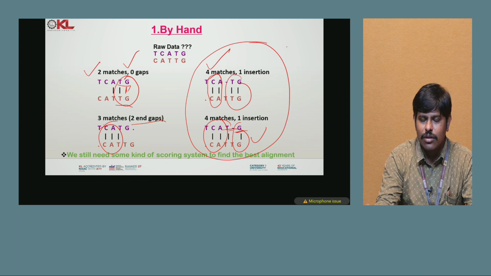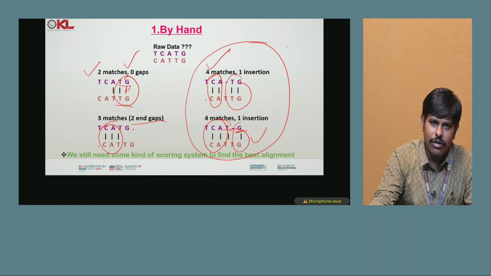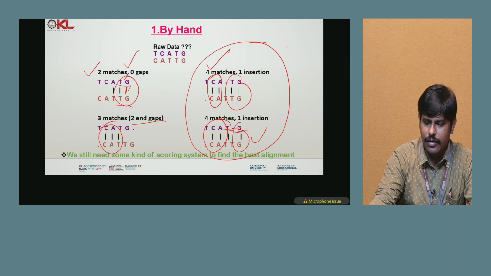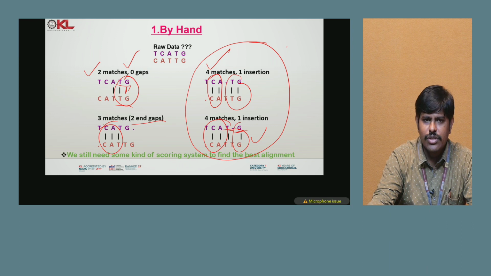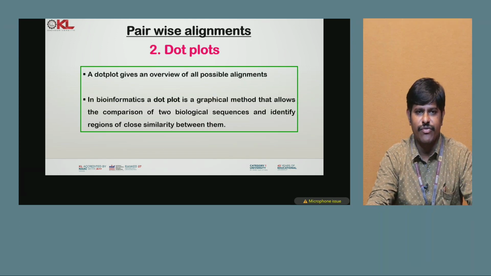So the comparison is not trivial using the hand method. That's why we need computers, and that's where bioinformatics plays a role. The simplest definition of bioinformatics is using computer science for managing biological data.